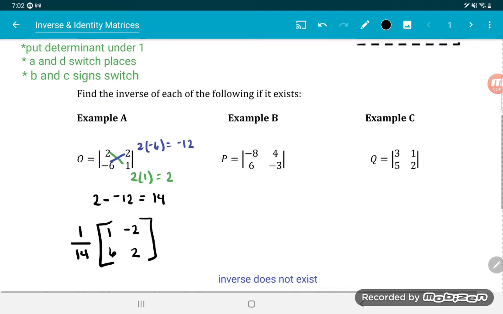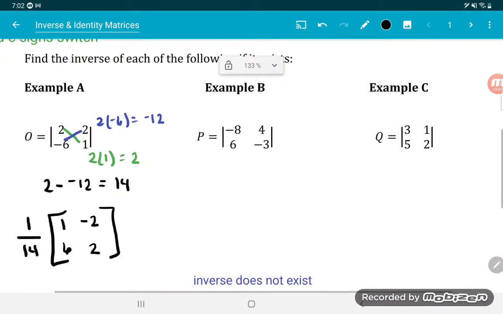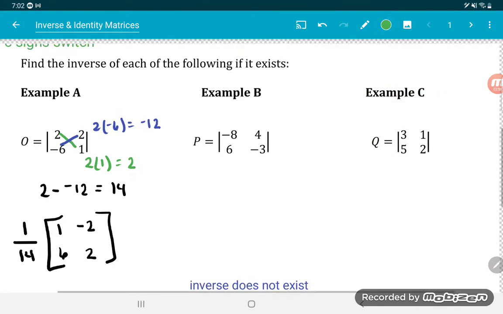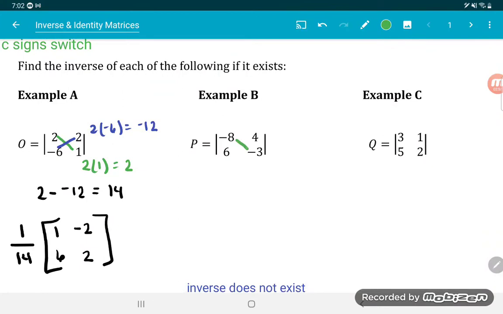All right, we're going to look at example B. B equals negative 8, 4, 6, and negative 3. We start by multiplying AD. Negative 8 times negative 3 is a positive 24. 6 times 4 is also a positive 24. 24 minus 24 equals 0.